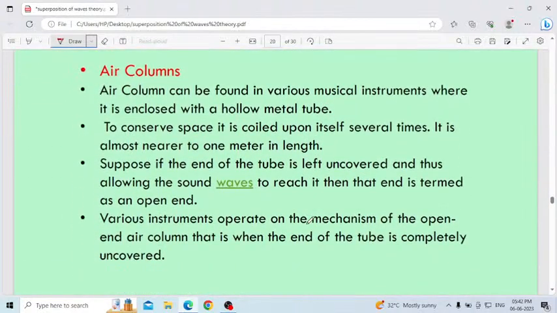Air column, everything I explained in detail, but I will read quickly. Okay. Air column can be found in various musical instruments. Even flute, any mouth organs, everything contains an air column.